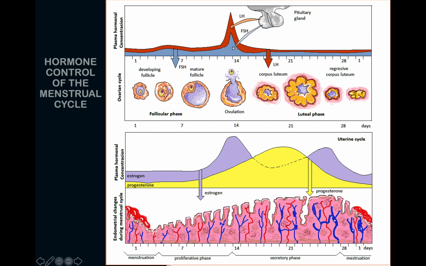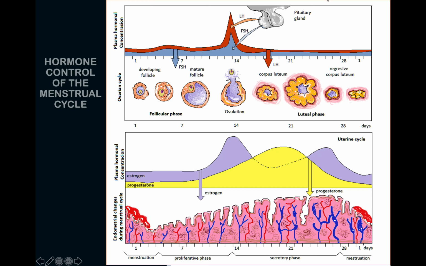Which causes the follicle to burst open and release the ovum. This is called ovulation. Still, under the influence of the luteinizing hormone, the ruptured follicle now is going to be transformed into what we call a corpus luteum.